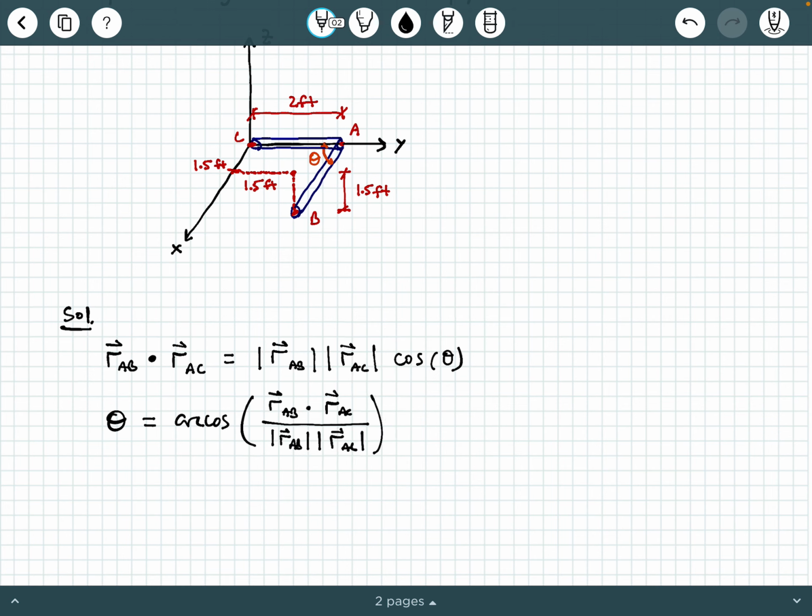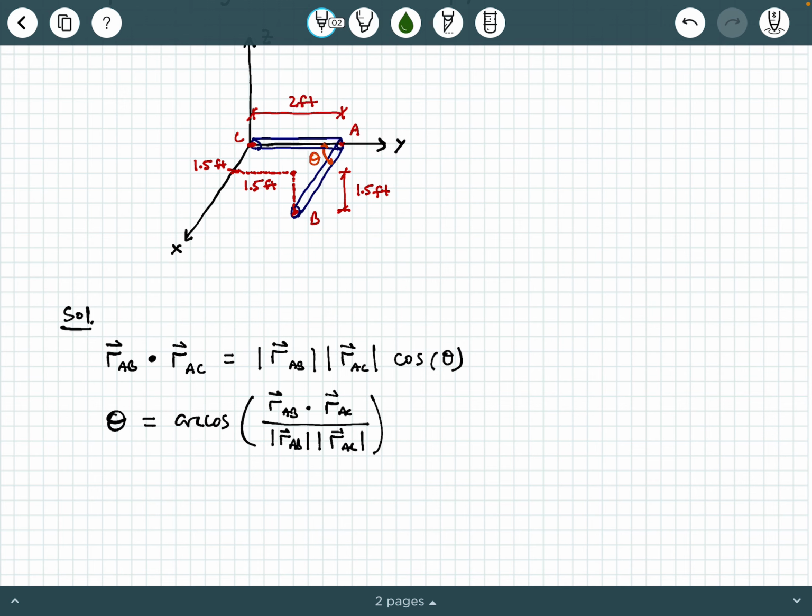And so that's the general relationship we have from our background information. Now, the key to remember in this process is that the tails of these two position vectors have to meet each other, okay? The tails have to be incident at each other, which means that the tail of RAB and the tail of RAC has to be point A, right?